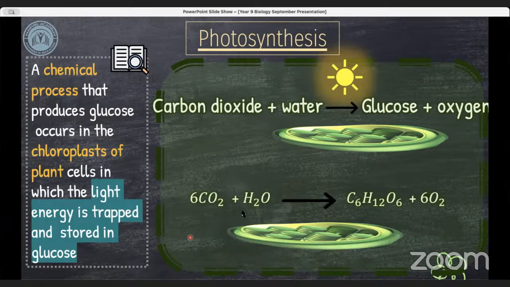This is 6CO2, in the balanced form 6H2O, and this is the formula for glucose. So this you need to memorize. If you need any important points, you all can take them. Remember that without the sun's energy, this process is incomplete.